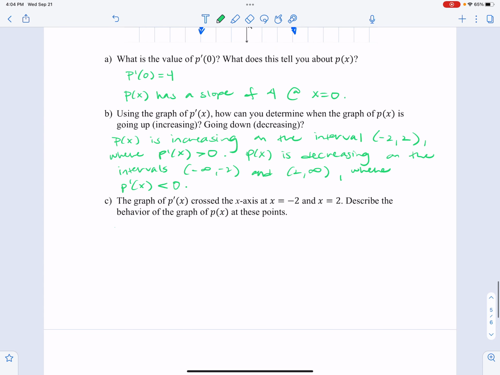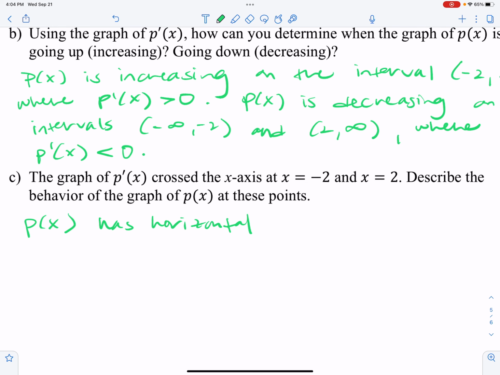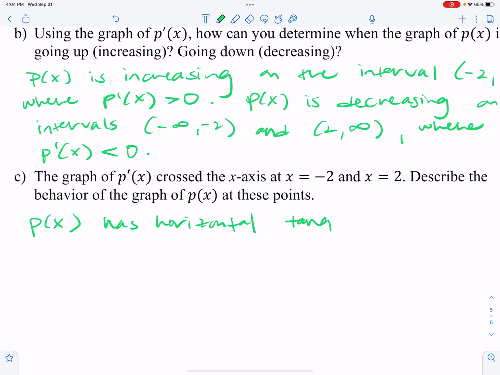So we can say p of x has horizontal tangent lines at x equals negative 2 and x equals positive 2, which is where p prime equals 0.